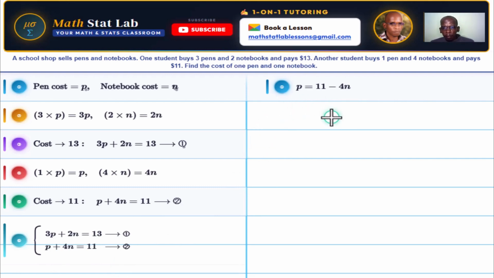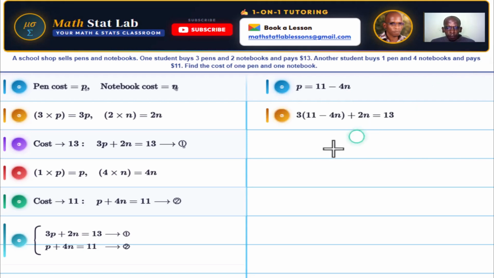So it becomes P is equal to 11 minus 4N. Then I'll go back to the first equation, which is 3P plus 2N is equal to 13. But now, any place we have P, I'm going to replace it with 11 minus 4N because it is the value of our new P.